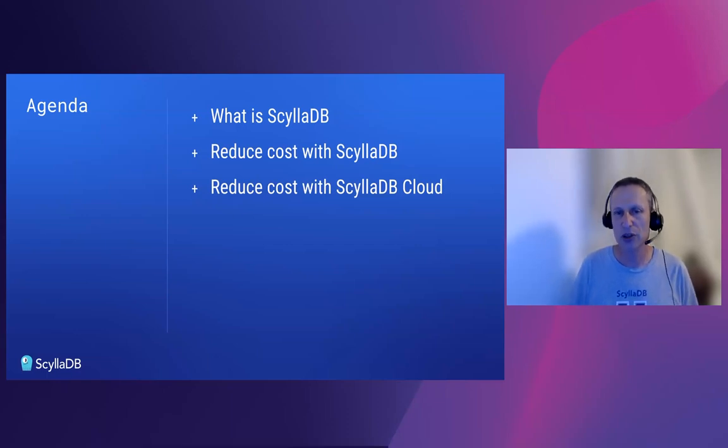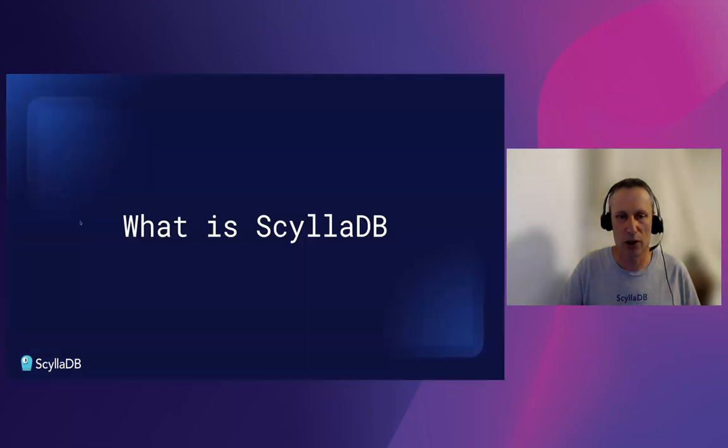And as you will see, it's not exactly the same. Scylla Cloud, spoiler alert, is a managed service that runs ScyllaDB, but it has a lot of other functionality. In particular, I will switch over to Michael in this part to explain the Flex Credit capability that we already have in Scylla Cloud that, again, helps to reduce cost. So without further ado, let's get started.